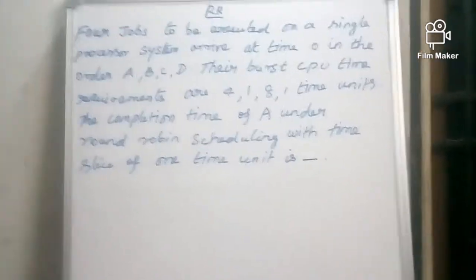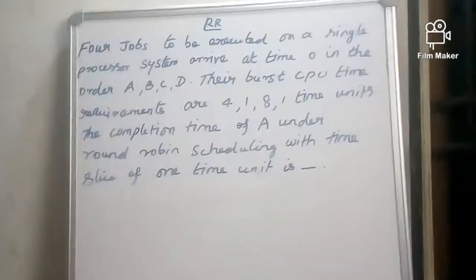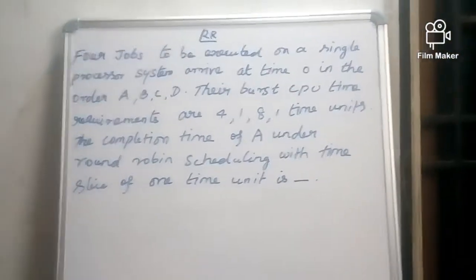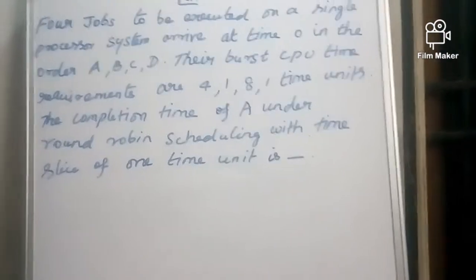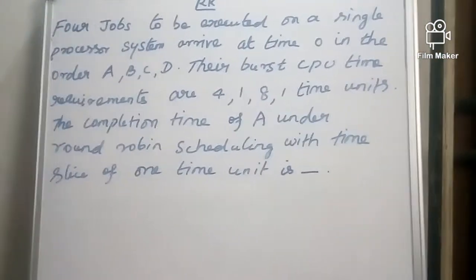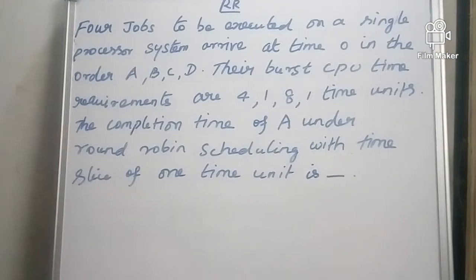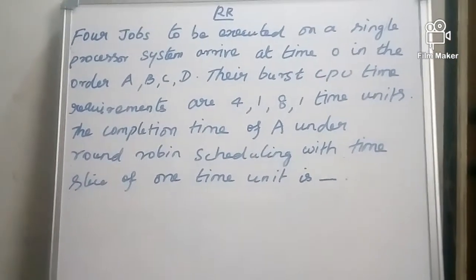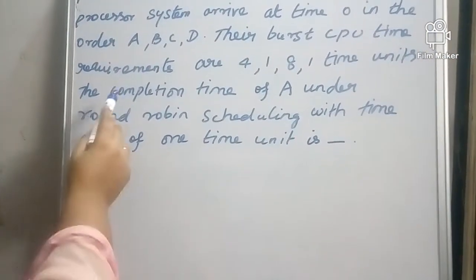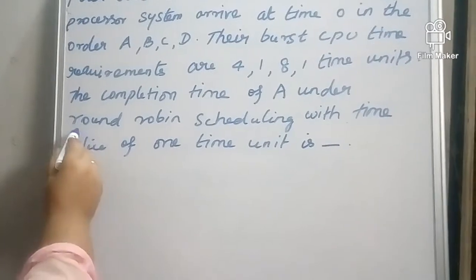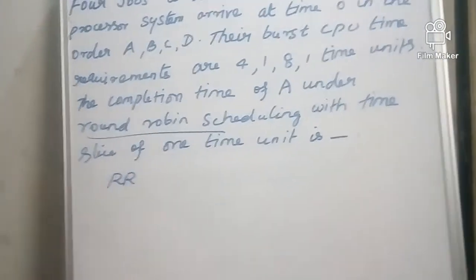So it is based on the round robin scheduling algorithm, and we already discussed it in some of our previous videos. First we note down some important data from the given problem. So first we notice that the algorithm used is the round robin algorithm, RR.